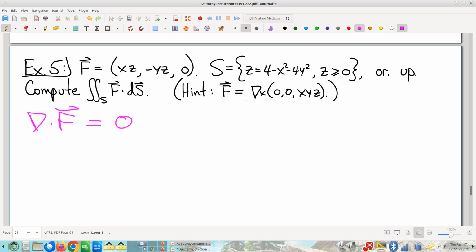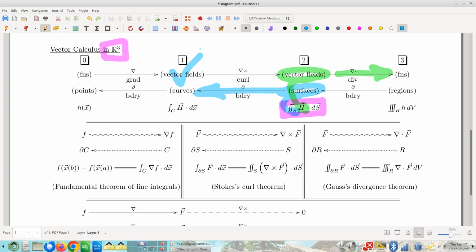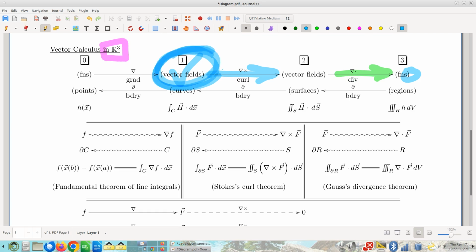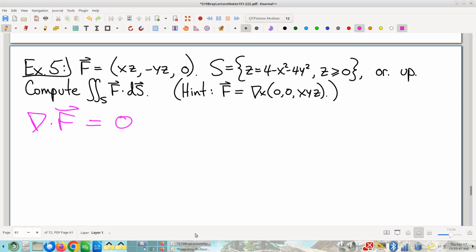Not only does the diagram then allow me to conclude there is an anti-curl, in fact, because I got 0 here, the other givens of the question tell me what this anti-curl is. The thing whose curl is the F that I was given, here it is.